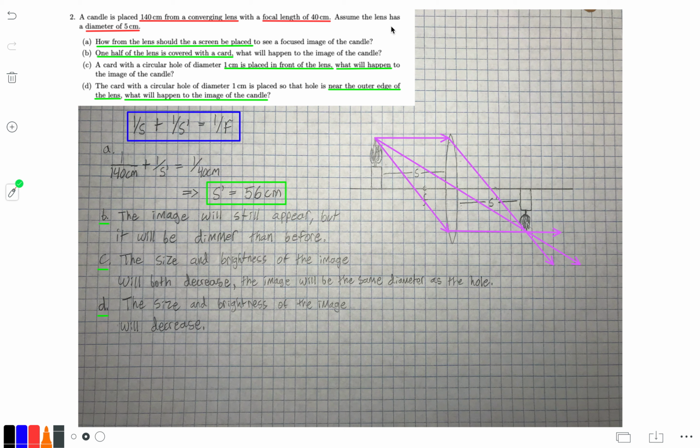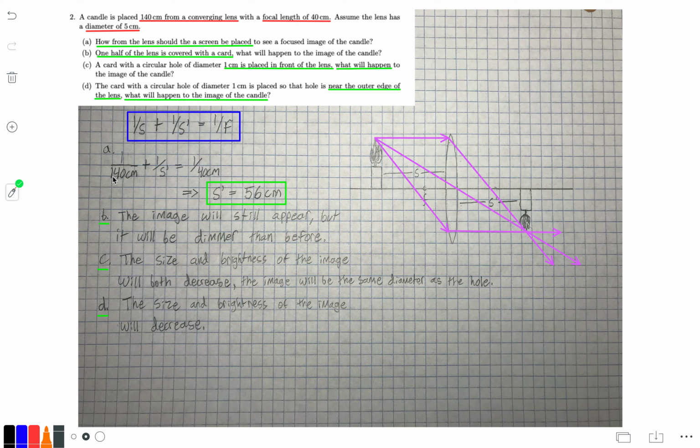Since we're assuming it has a diameter of 5, we can use our thin lens equation, given right here. When we're trying to figure out where we should place this screen in order to see the focused image, we want to make sure that we're using this thin lens equation.